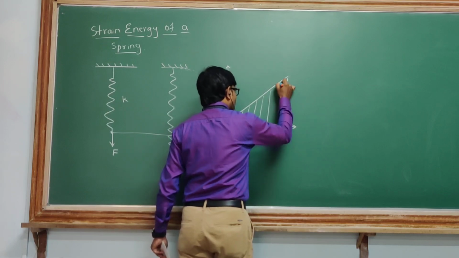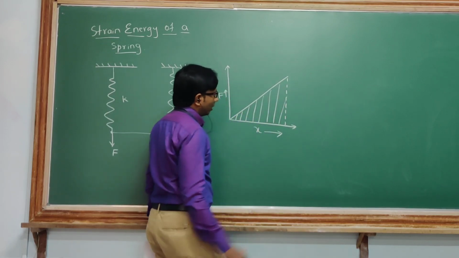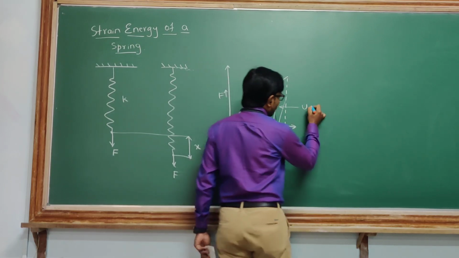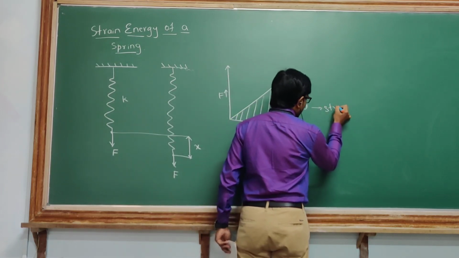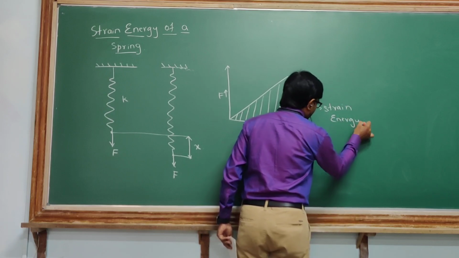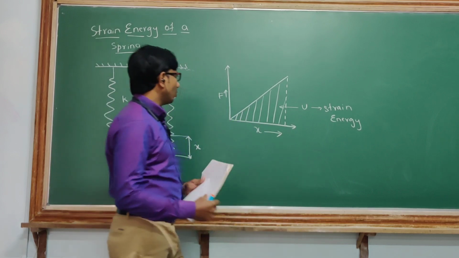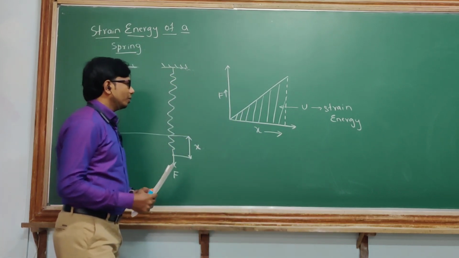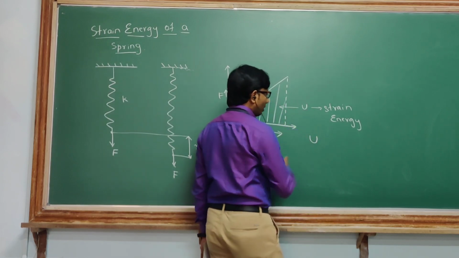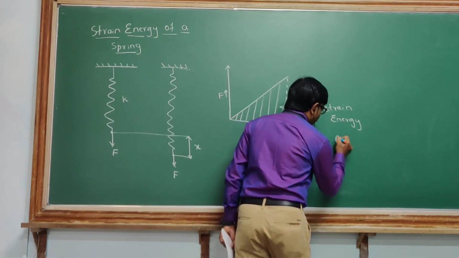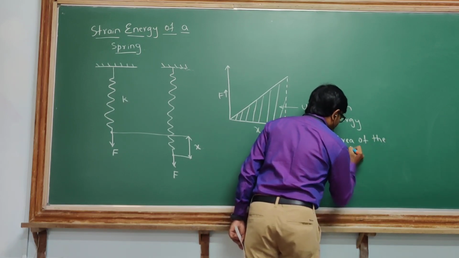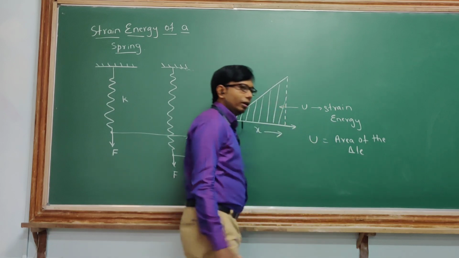Whatever the area is under this particular triangle will be the strain energy. So the area under this triangle is called strain energy. That means the strain energy U is the area of the triangle.